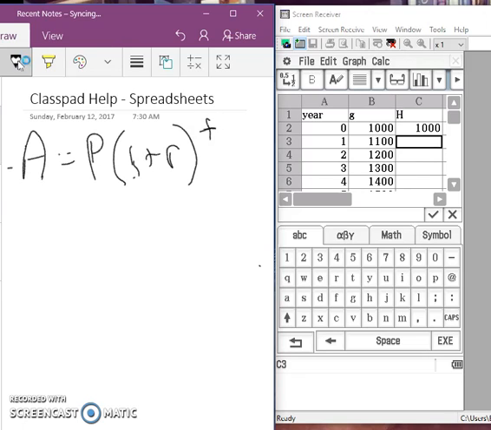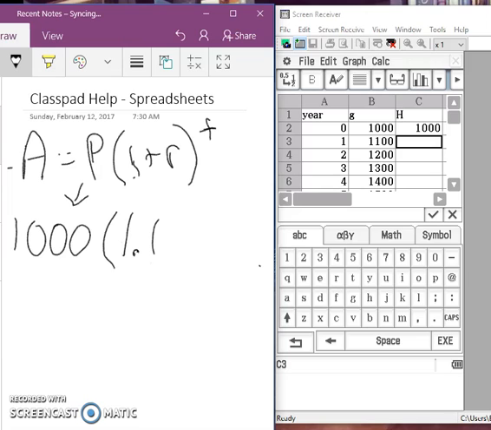So what do we already know? P is 1,000, that's our principal amount. Our rate is 5% per annum, compounded on each of our birthdays, so we could rewrite that as a decimal.